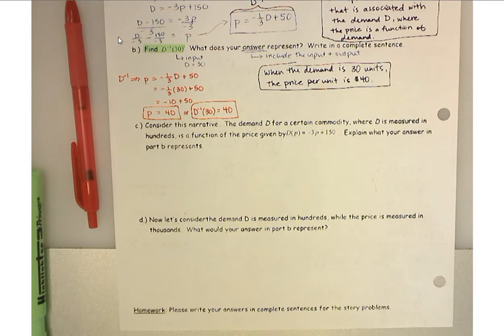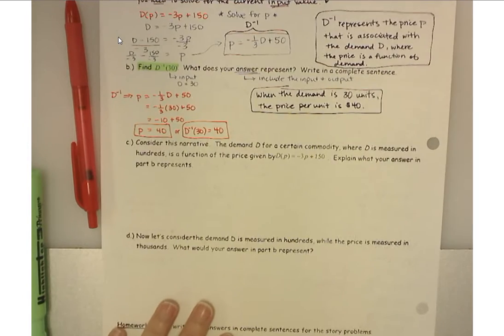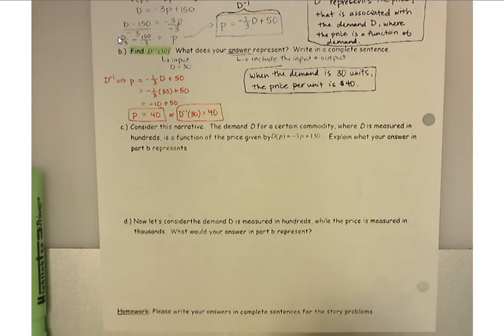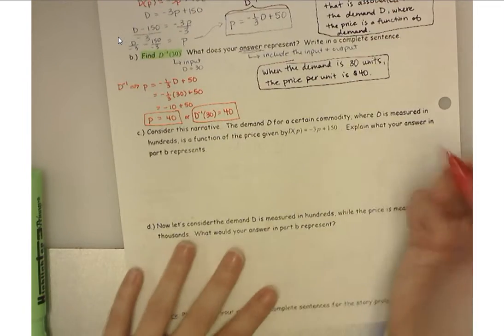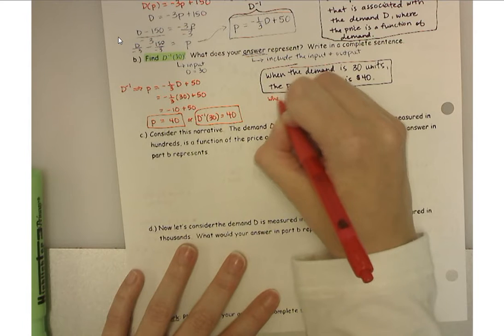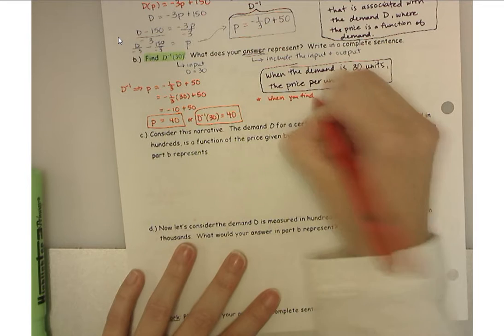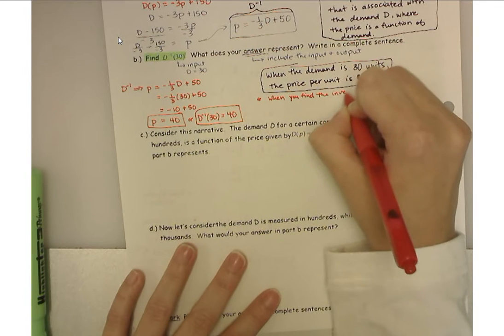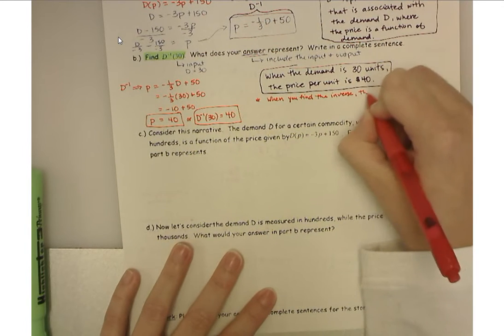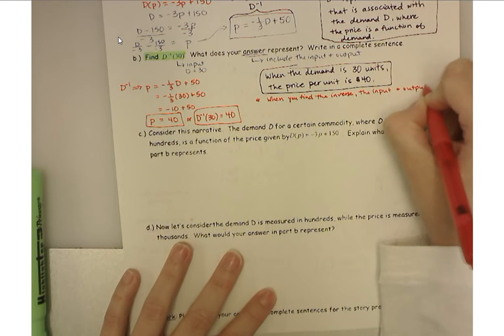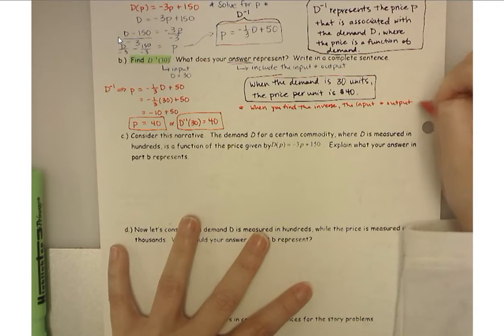Another thing I want to make sure that we have a note about is that the inverse is going to switch your input and your output. So this is just a note. When you find the inverse, the input and the output switch.